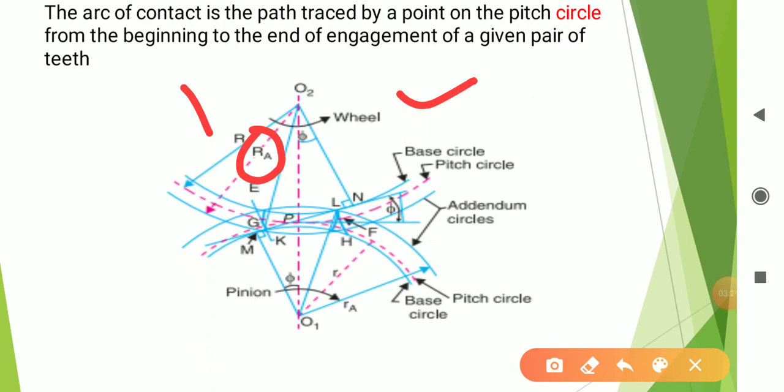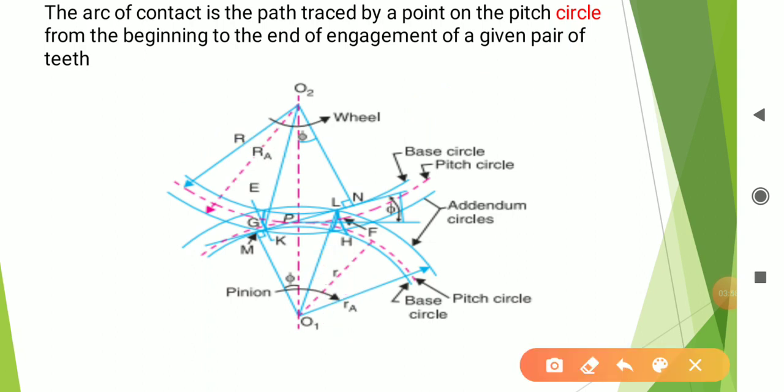Next, this small r is the radius of the pitch circle of the pinion. Next, this small ra, where A stands for addendum and small r stands for pinion, is the radius of the addendum circle of the pinion.